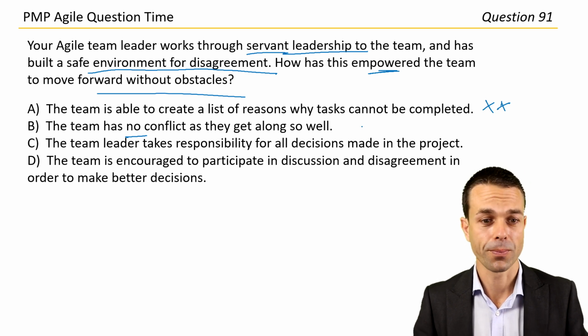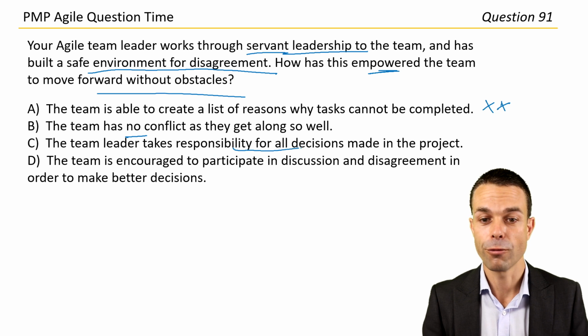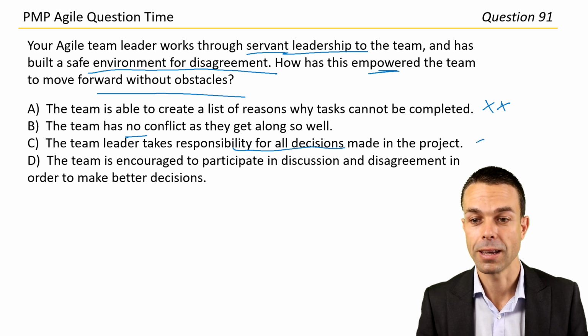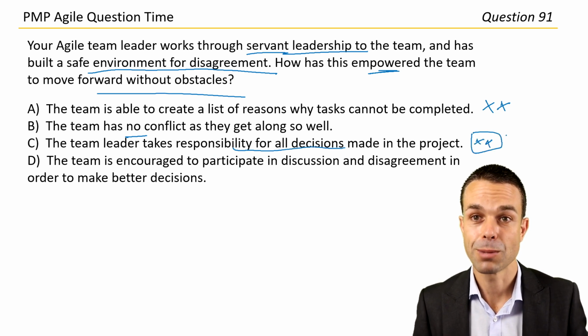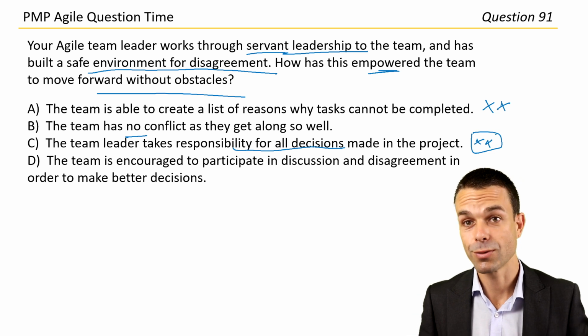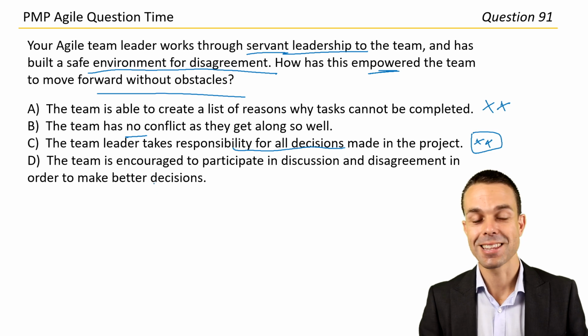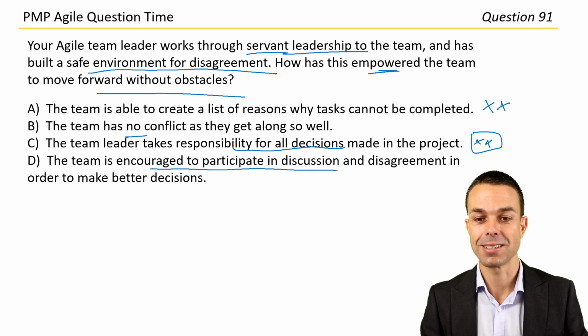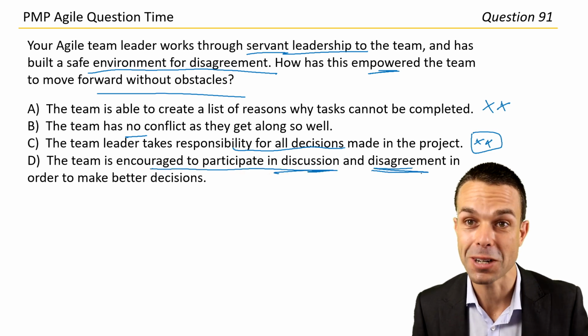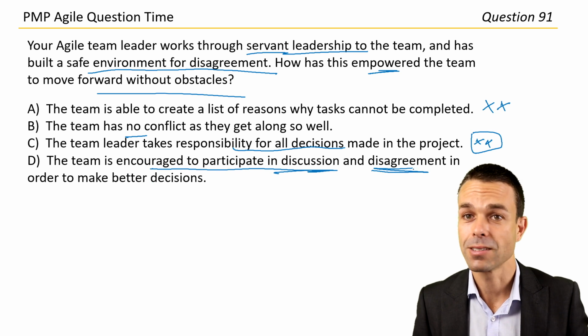Really, really important. The team leader takes responsibility for all decisions. No, again, servant leadership is growing our team, removing blockers for the team, but letting the team do the work they came to do. Lastly, the team is encouraged to participate in discussion and even disagreement. Yes, disagreement doesn't have to be a bad thing.